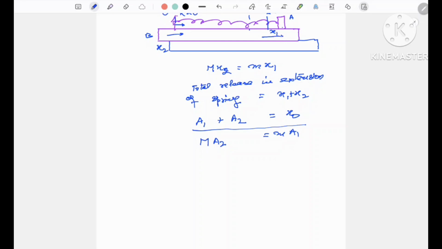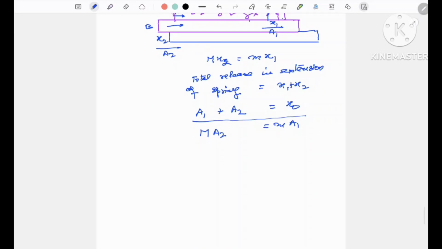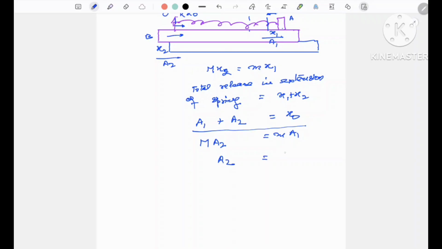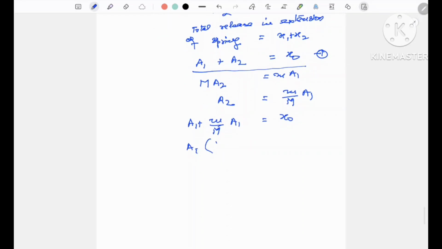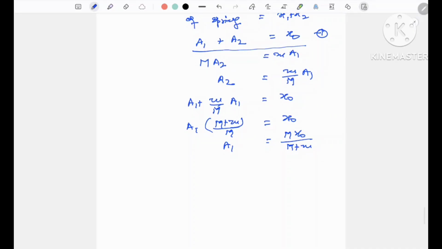Taking moments, A2 is equal to m by capital M times A1. We put this value in equation number 1, so A1 plus m by M A1 will be equal to x dot, and A1 times (M plus m) by M is x dot, or A1 is capital M x dot upon M plus m. And from the above equations, A2 will be m x dot upon M plus m.